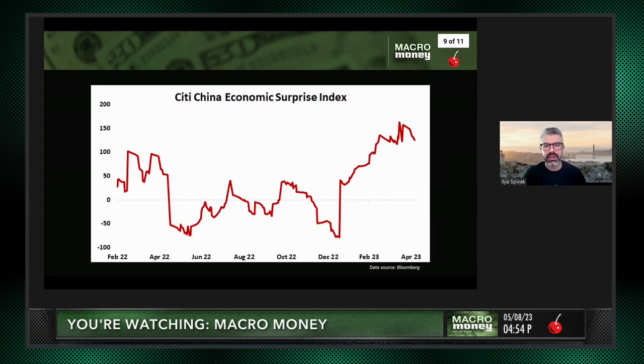Looking at overall economic data out of China, we can see the reopening there. We can see that economic surprise index that we like to look at, that tracks the performance of economic data relative to baseline forecasts, and goes up when the data outperforms the forecasts, goes down when it underperforms. You can see it appears to be idling.